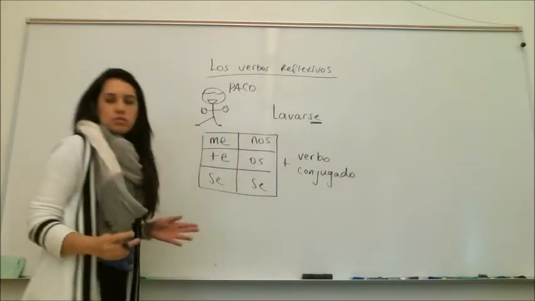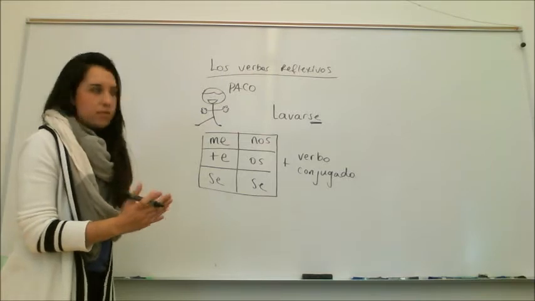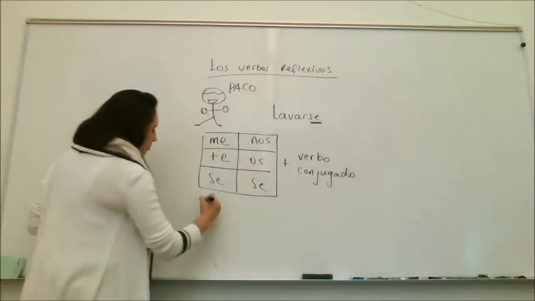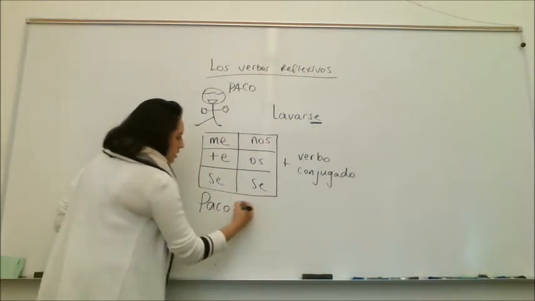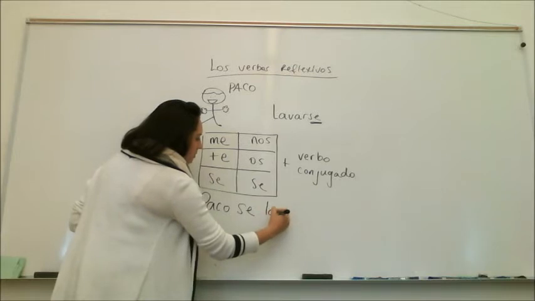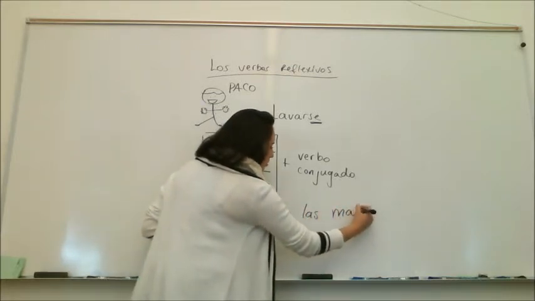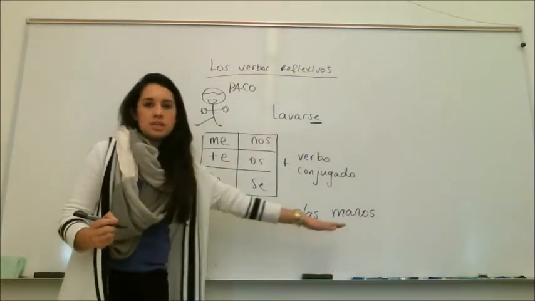So don't forget that you still have to conjugate the original verb, the infinitive verb, according to the person that's doing. Por ejemplo, here, Paco se lava las manos. So Paco washes his hands.